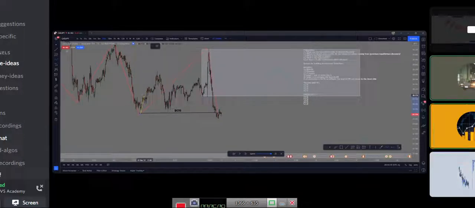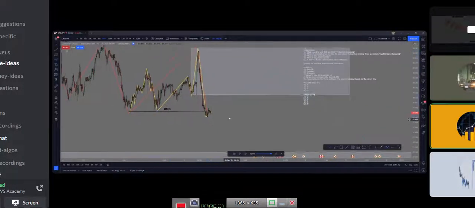It broke structure here, came here, came here, broke that structure, this guy, and then it broke this guy again.